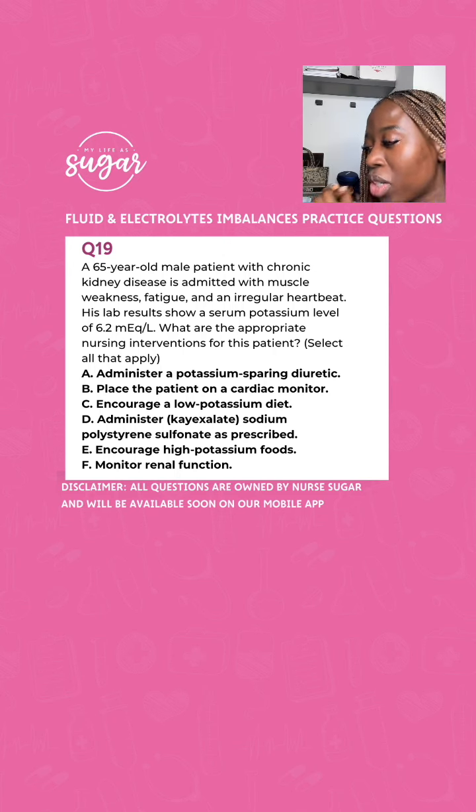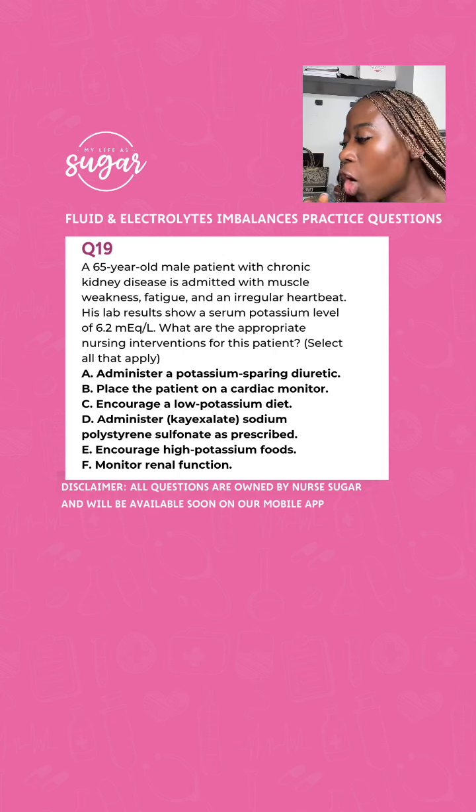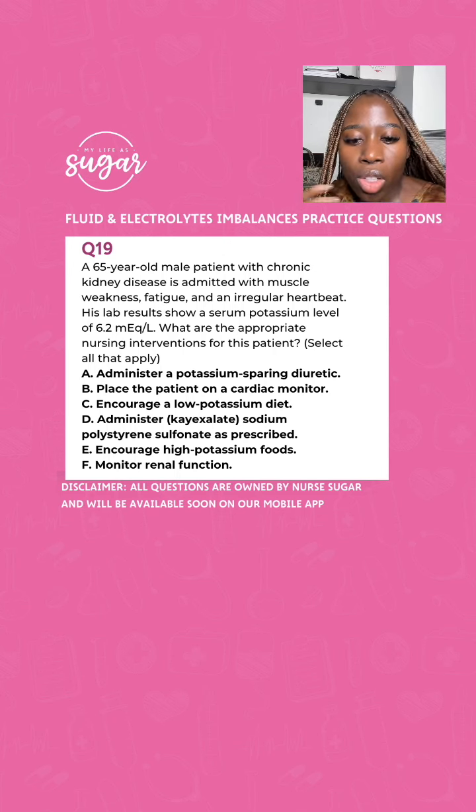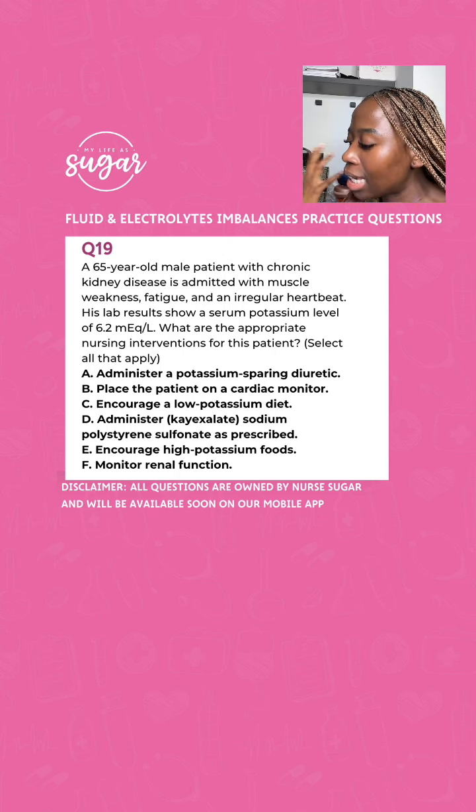Come on. So we do need that medication for sure. And E, obviously, we're not going to encourage high potassium foods because they already have high potassium. F, we want to monitor their renal function. For sure. We want to definitely monitor the renal function. So your answers are B, C, D, and F.